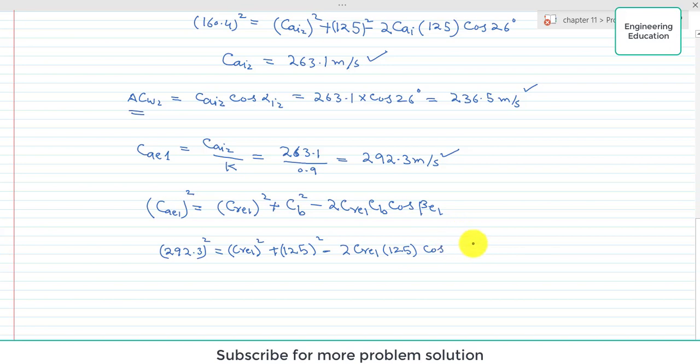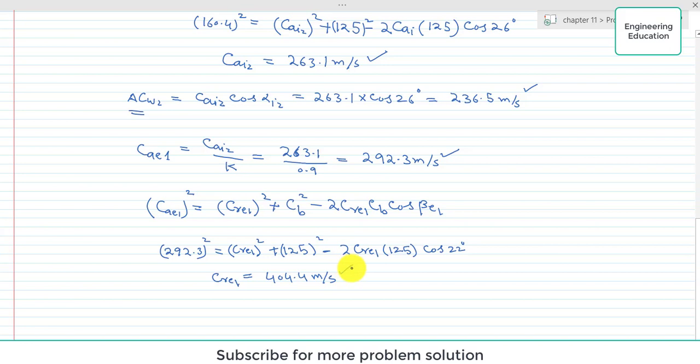Beta E1 is 22 degree. So solving it for CRE1, CRE1 is equal to 404.4 meter per second. So this is the value of CRE1.